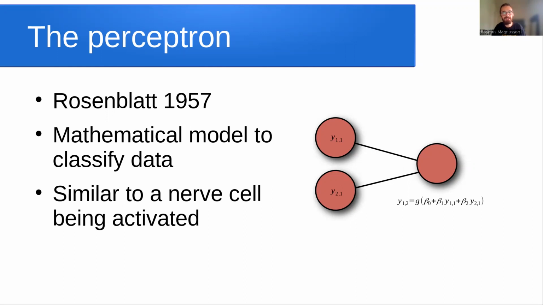They were developed back in the 50s even, where Rosenblatt et al. searched for a way to classify data. And there are many different approaches to have a model that classifies data to belong to group A or B. But the way they looked at it was using how neurons in the brain work. So let me just get a pen here.